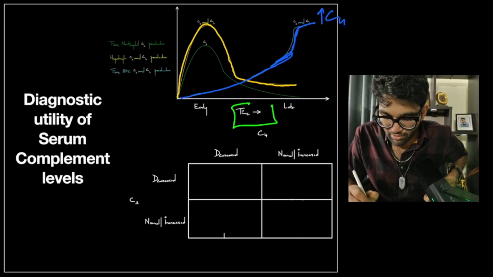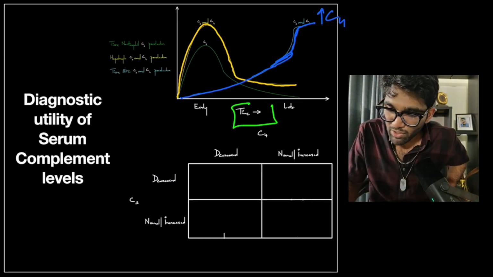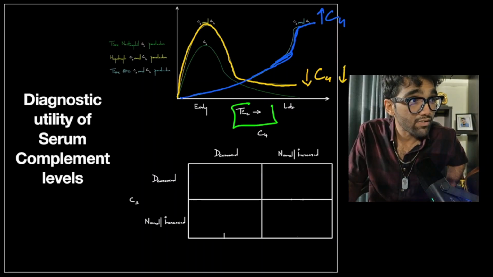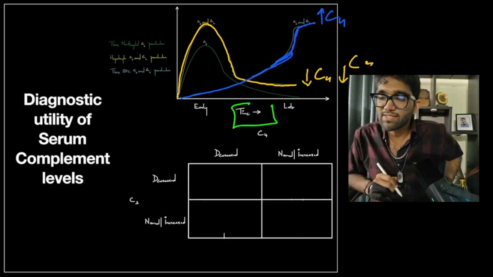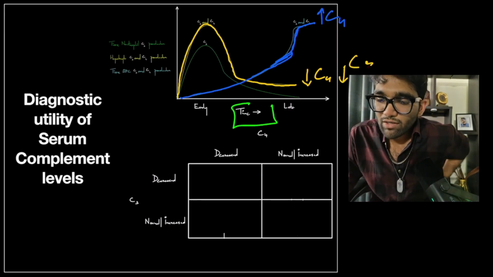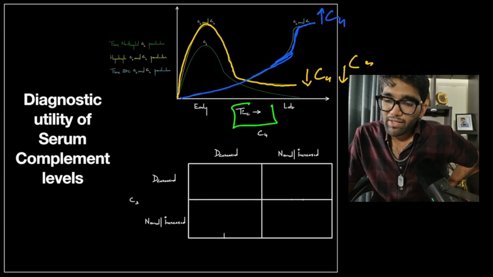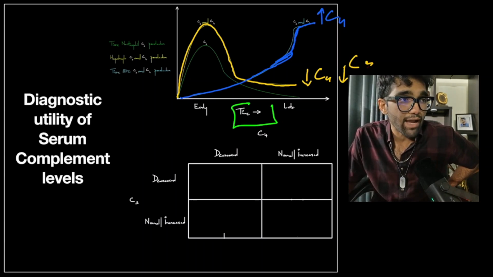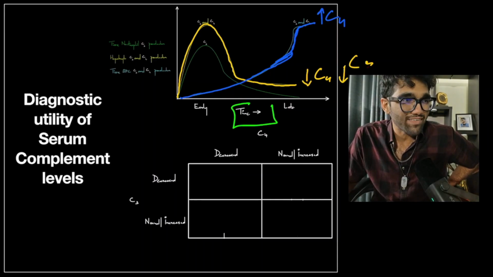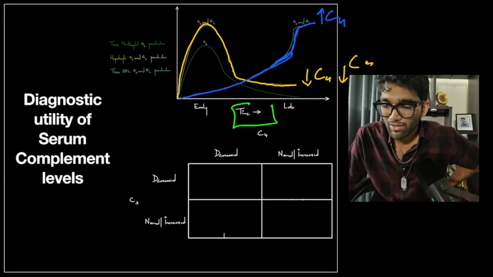Okay, but the amount of C4 that is being produced by the liver is decreased, and as such, the C3 levels have fallen down. So the C3 production is decreased. Now, if you have an alternate complement activation that is happening, this is going to cause definite reduction in C3 levels. Now, the issue is, however, that we don't get such an alternate complement activation. There is no such chronic alternate complement activation.